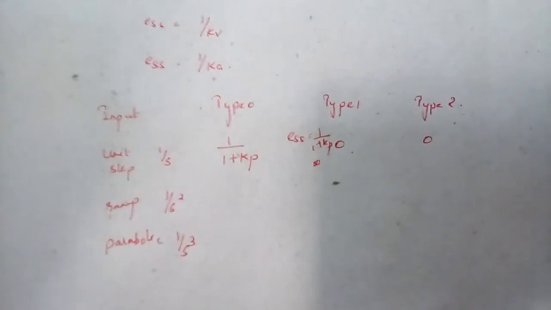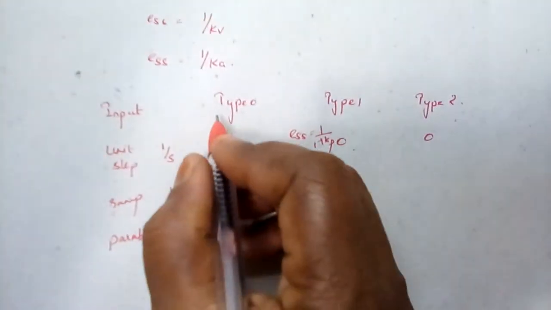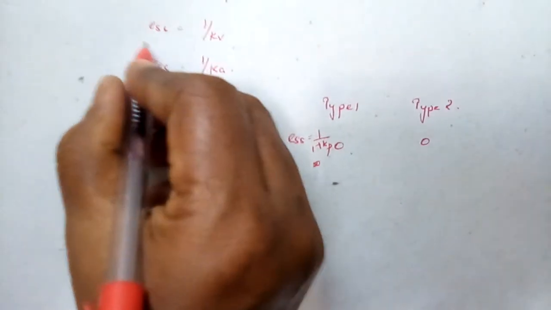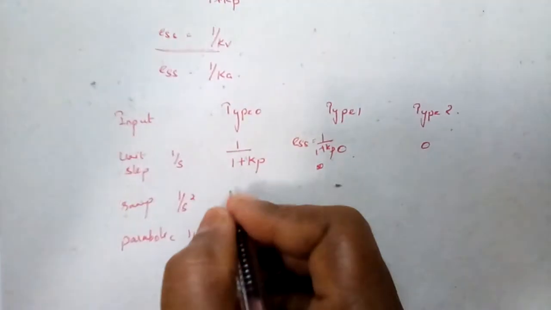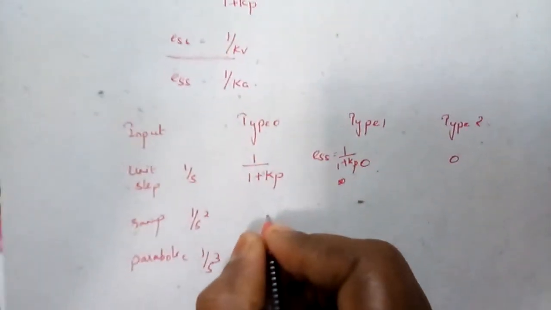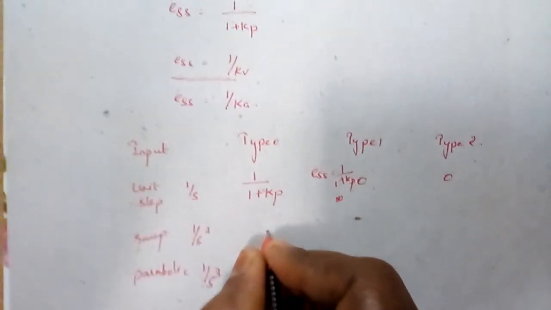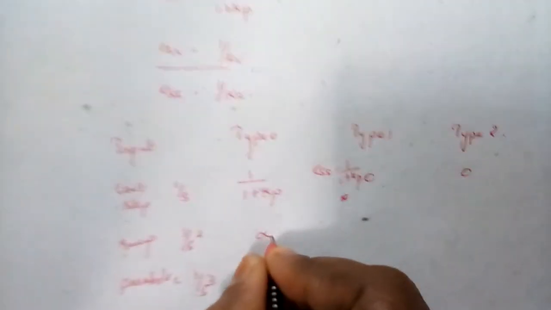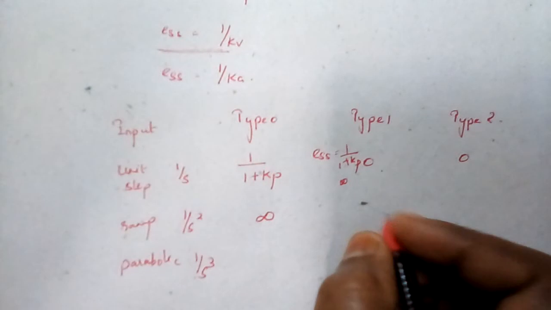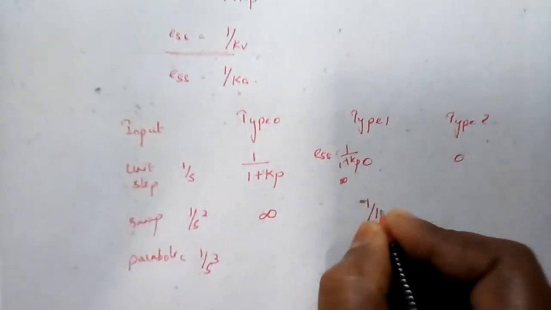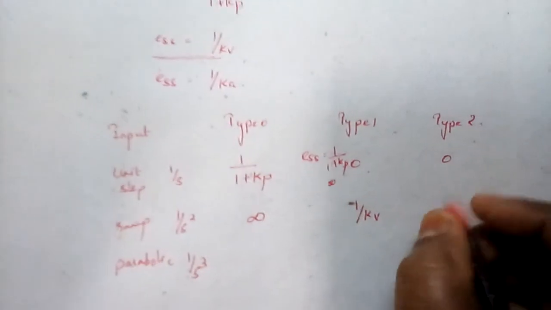Right? And for the velocity error, for the type 0 system, Kv is equal to 0, the velocity error constant is equal to 0. We have the type 0 system steady state error as infinite, the type 1 system steady state error is equal to 1 by Kv, and the type 2 system is 0.